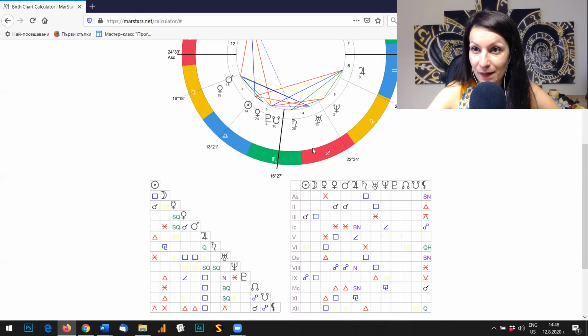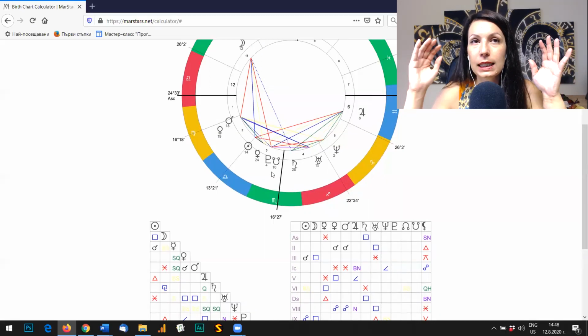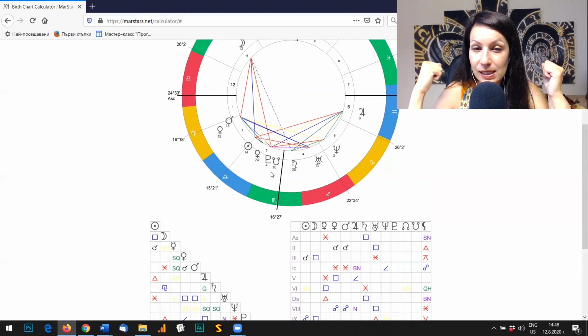But I suspect that it's actually inherited because of this aspect. Okay, and also we can see that Pluto is in conjunction with the South Node. So we can say that the South Node is related to the past, related to our previous experiences, and it's definitely showing a very serious, very deep connection with the roots, with the family, and with their mother.